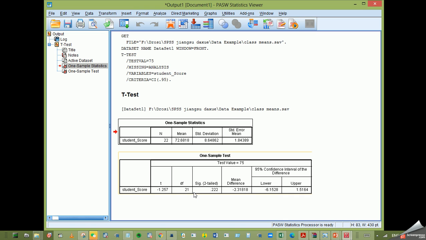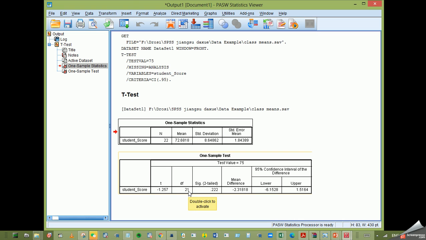Most of the time in statistical analysis, we check for the analysis to show that there's a difference from the population. So most of the time we want this significance level to be 0, so that we can find a real difference.